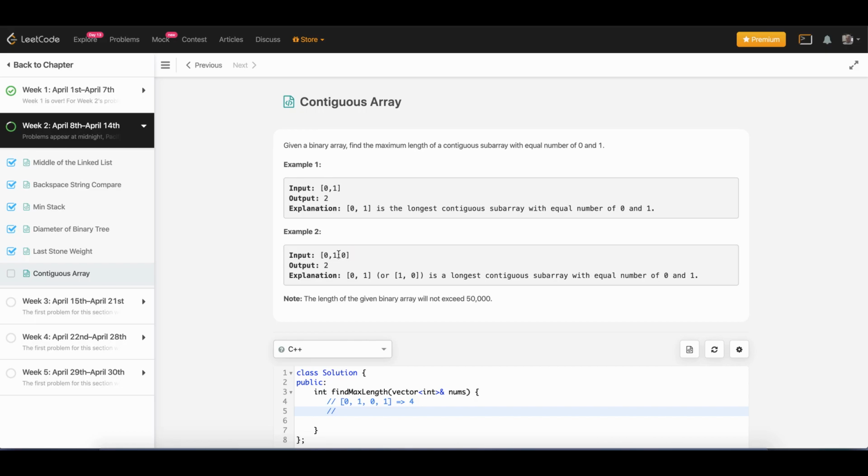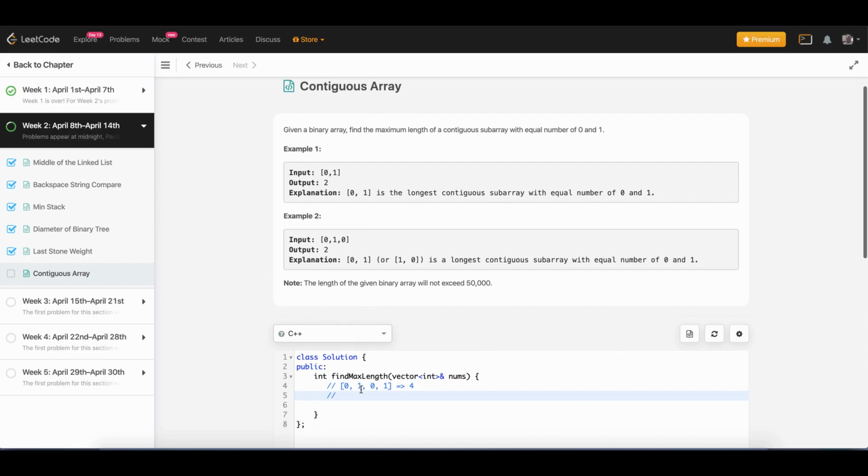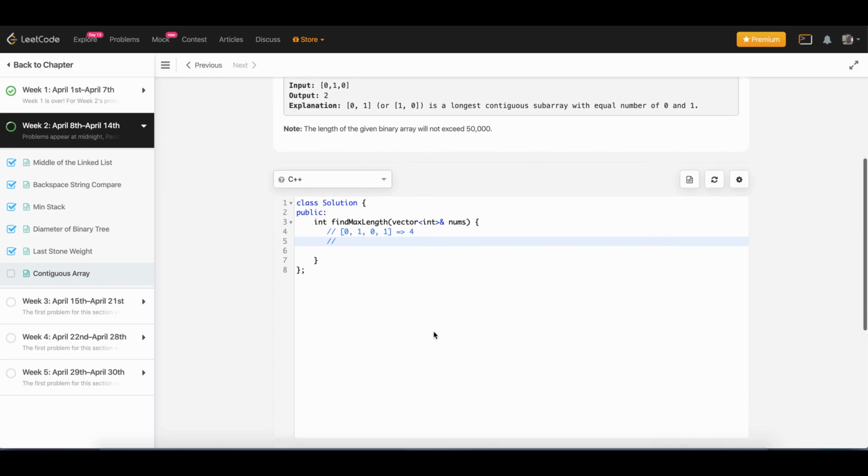Yes, by looking at the example, I was thinking that 0 will be in the beginning, or 1 will be in the beginning and then after that 0 will come. The definition of contiguous will not apply like that. I mean, it may be zigzag, either 0 1 0 1, and overall the equal number of 0 and 1 are required.